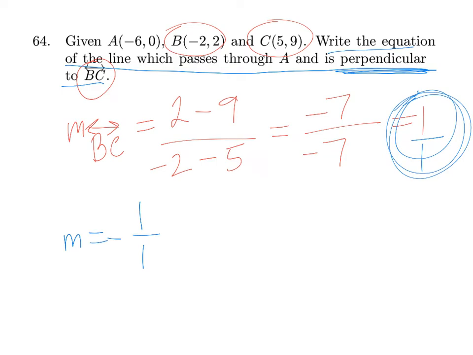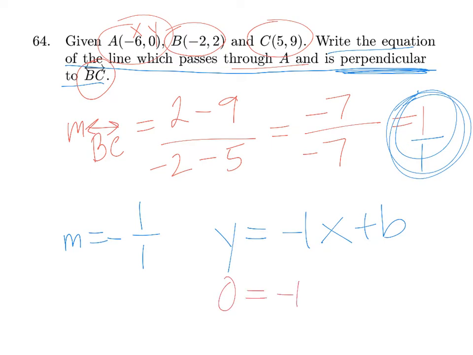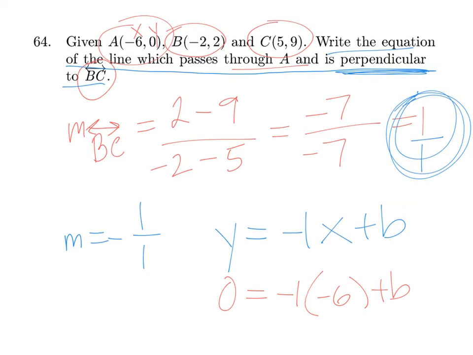All right, so now I'm going to write the equation y equals negative 1x plus b. All right, how am I going to figure out b? That's where you use the point A, because it has to pass through point A. So that's my x, and that's my y. So I have 0 is equal to negative 1 times x, which is negative 6, plus b.